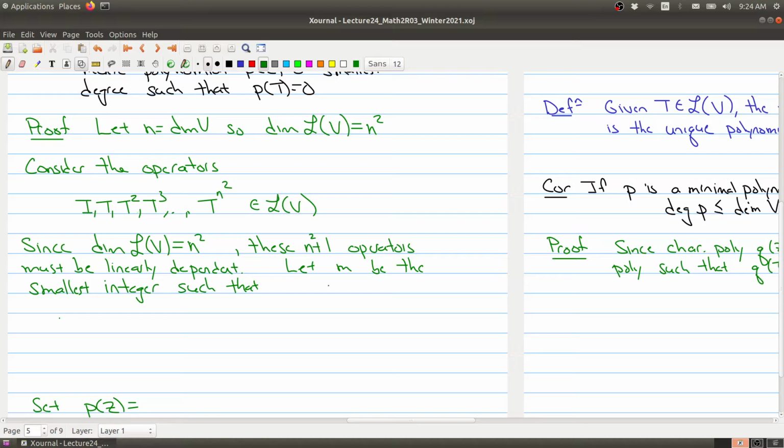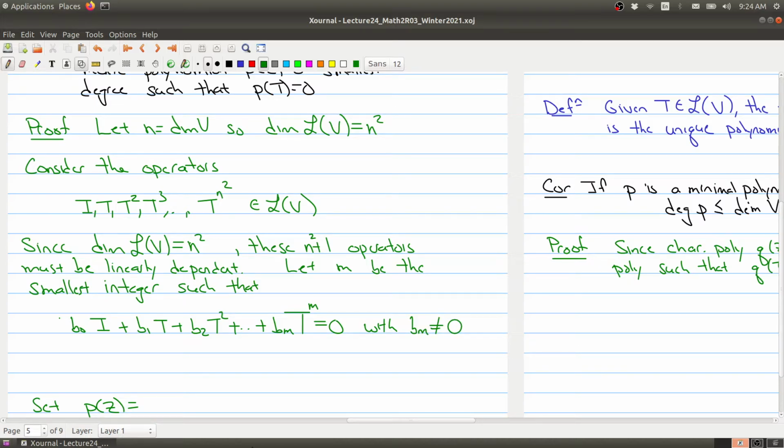So we let m be the smallest integer such that you have a linear combination: b0 times the identity plus b1 times the first power of the operator, plus b2 times the second power of the operator, up to bm T to the m equals 0, and we assume that bm doesn't equal 0.